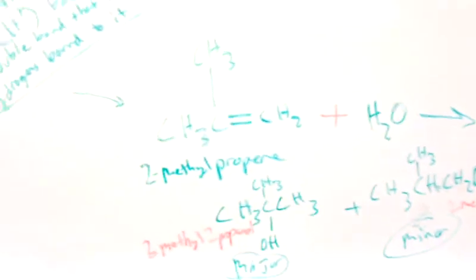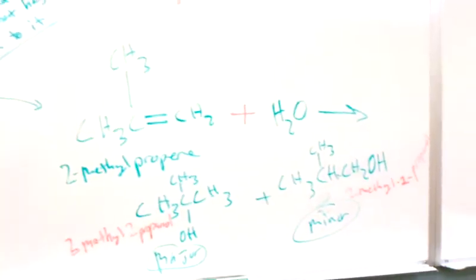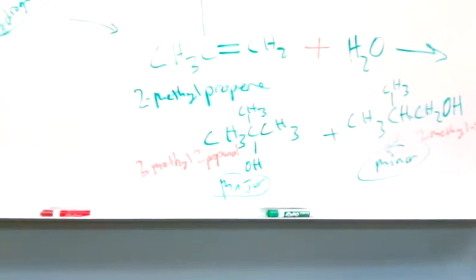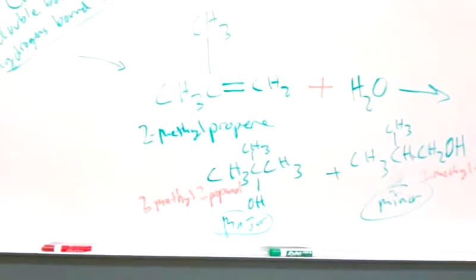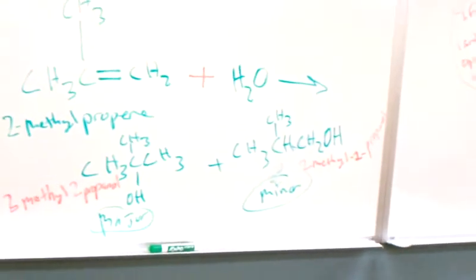So in this equation here, we have 2-methylpropene plus water. And your major product will be 2-methyl-2-propanol, and your minor product will be 2-methyl-1-propanol.